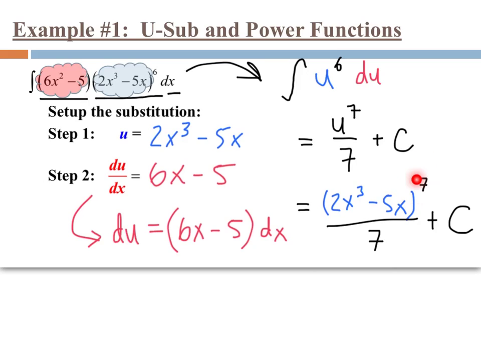The 7 here would come down in front and get canceled out with this 7 in the denominator and lower to a 6th power. Then the derivative of 2x cubed minus 5x would be 6x squared minus 5, which would have to multiply our answer. The c, of course, goes away, but look at how that would give exactly the integral we started with. 2x cubed minus 5x now to the 6th power, and then multiplied by the derivative of the inside. This is how U-substitution works.